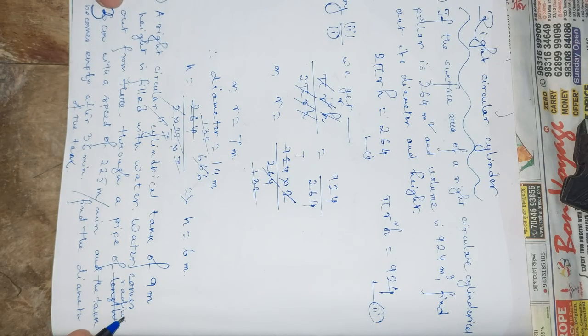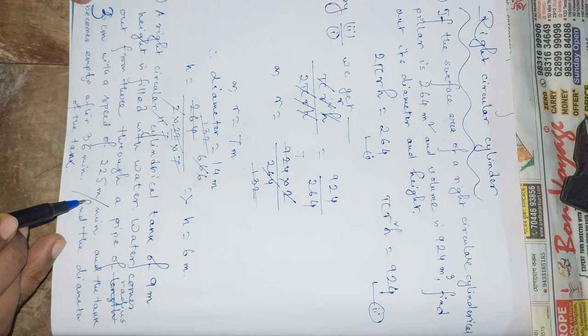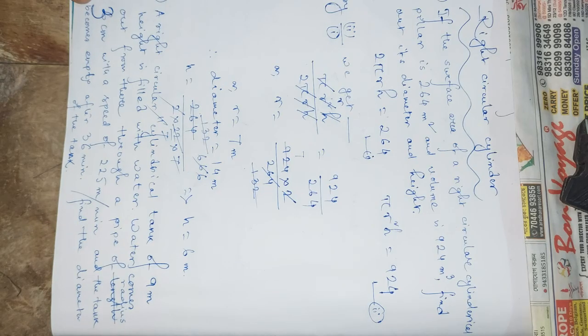Water comes out from there through a pipe of radius 3 centimeter with a speed of 225 meter per minute, and the tank becomes empty after 36 minutes. Find out the diameter of the tank.